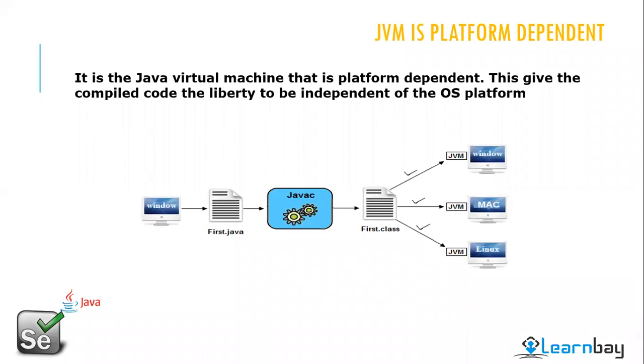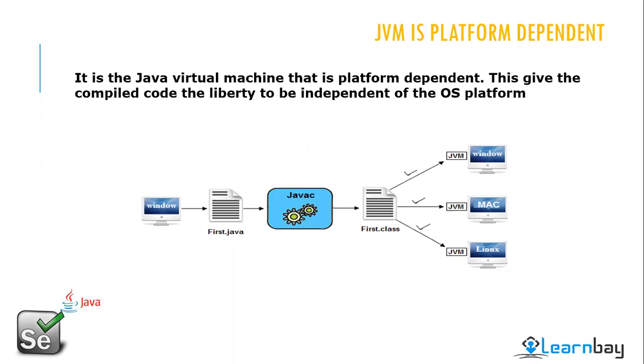So I'm just trying to put a small diagram here. For example, you have a Windows machine and you're writing your Java program. When you write a Java program, you give it an extension, you say .java file, as simple as that.